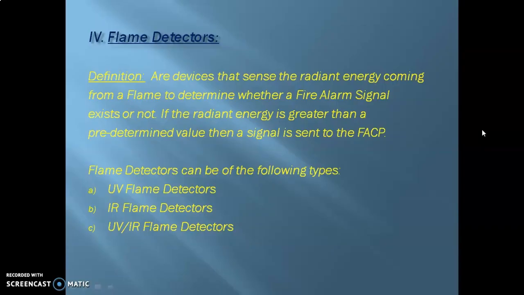There are three commonly used types of flame detectors. First are the UV flame detectors. Secondly are the IR, or infrared, flame detectors. And third are the combination UV plus IR flame detectors. Now we will discuss each of these in a bit more detail.